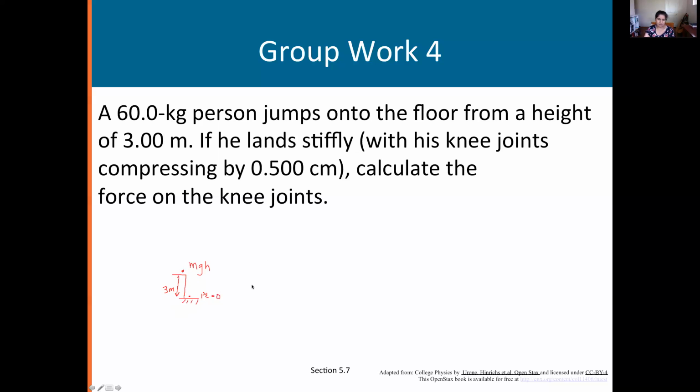And it comes to a stop, so his kinetic energy is also 0. So all this mgh must be absorbed by his knee. It's going to be force times distance. This is the force on the knee. The distance is 0.5 centimeters. You need to convert it to meters, and you can solve for F. Okay, so that's what you need to do.